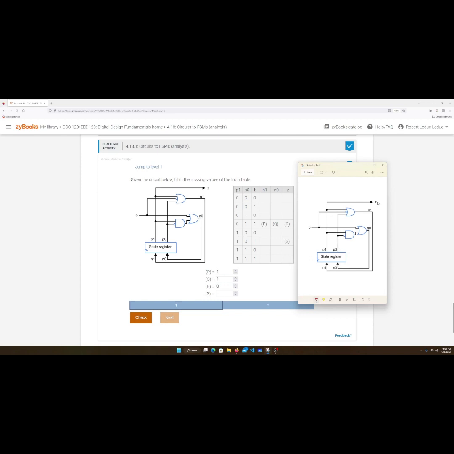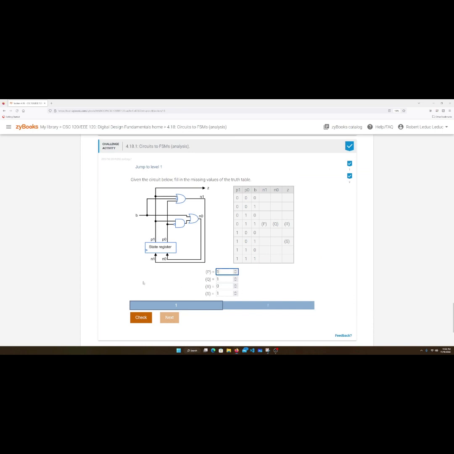Again, Z is connected directly to the output of the state register value P1, so we know that this value in this case is going to be 1. So that was pretty easy.